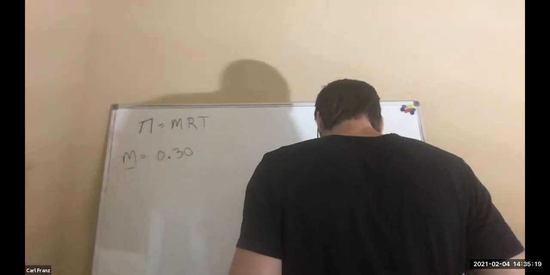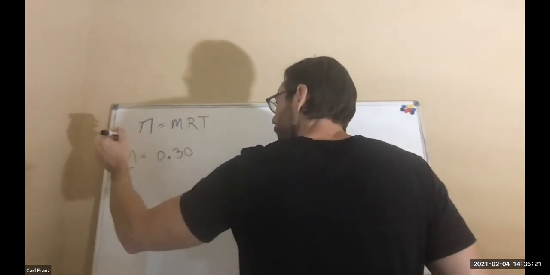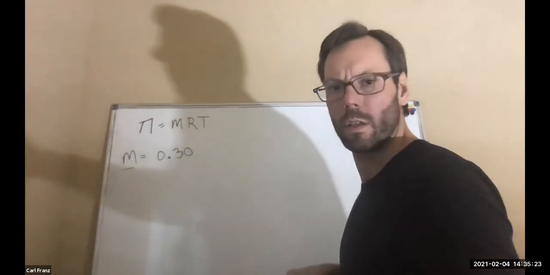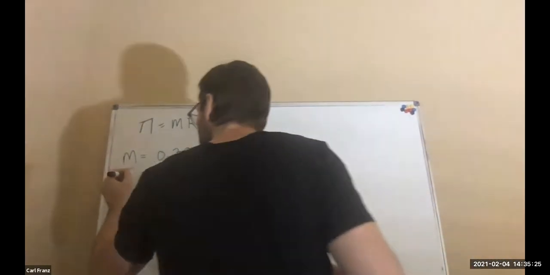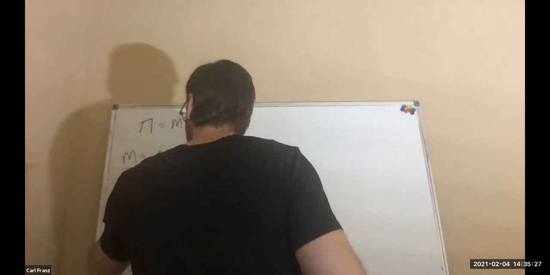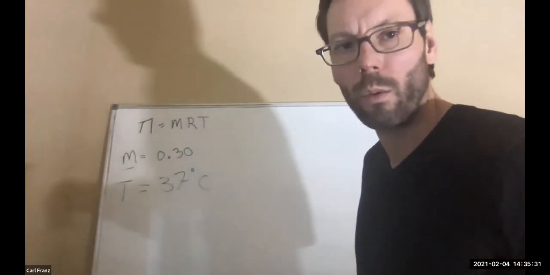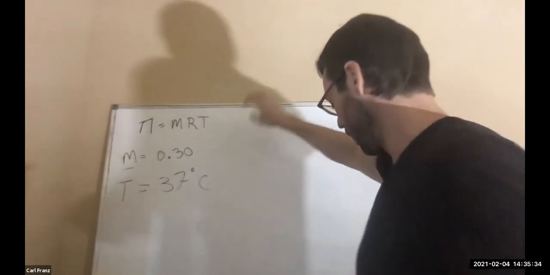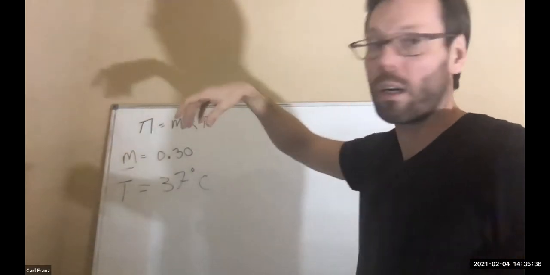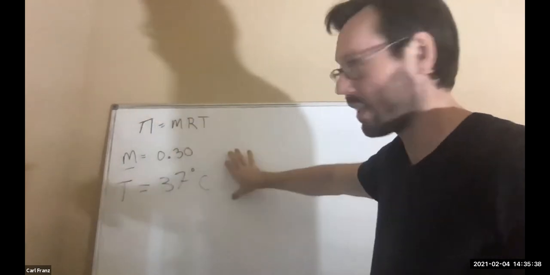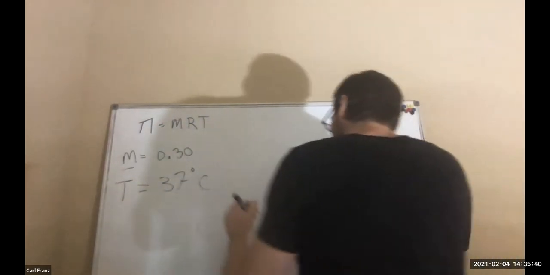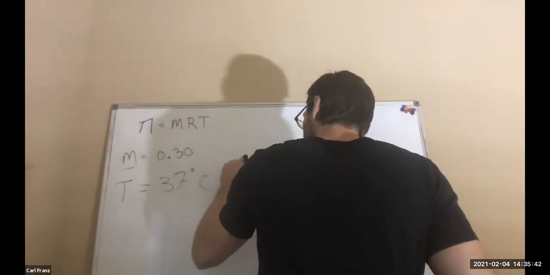And that the temperature is 37. Now, as with most of these things we've been working with, in order to apply it with the gas law constant, right, it has to be in Kelvin. So plus 273.